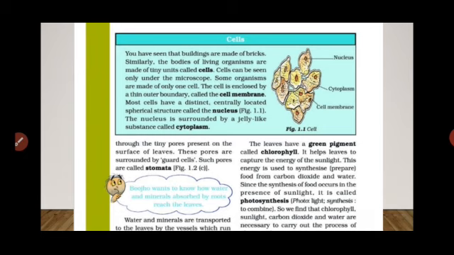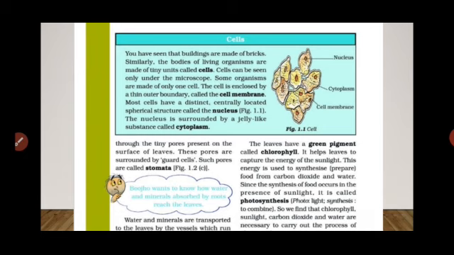Okay students, this cell is enclosed by a thin outer boundary called the cell membrane. Means students, the cell is enclosed, means the cell is protected by a thin outer boundary called the cell membrane. Okay students, most cells have a distinct, centrally located structure called the nucleus.